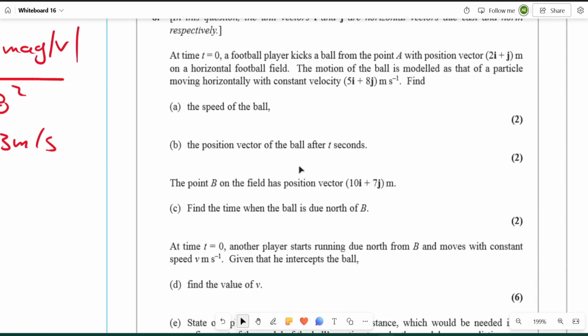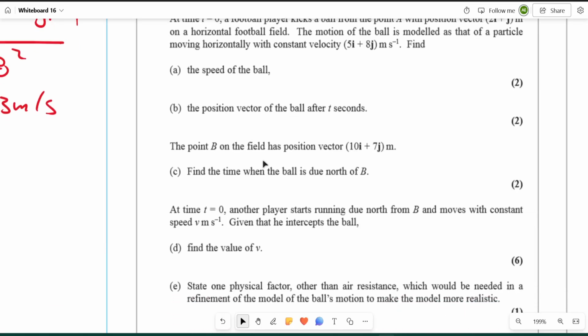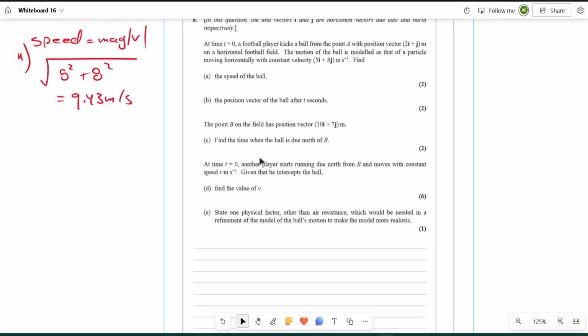Now the question asks for the position vector of the ball after t seconds. Again, a similar question, wanting to find the general position vector. That's why I told you it comes up a lot. So the formula, let's call the ball B. B is going to equal B0 plus velocity of B times time.